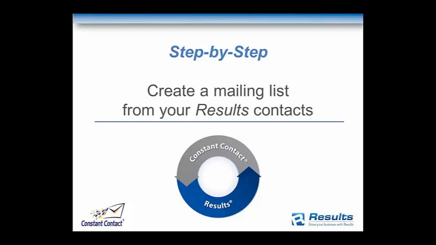Anna Maria is going to be showing you not only how to create the campaign itself, the letter, the newsletter, or the promotion you're going to send out, or any kind of thing that you would want to send as a mass mailing to your target list. And then you'll be able to take that design and associate it with that list that we're going to create in Results and send the campaign out. So what I'm going to do first is switch out of the presentation itself and switch over to the Results CRM system to show you step-by-step how you would create that.